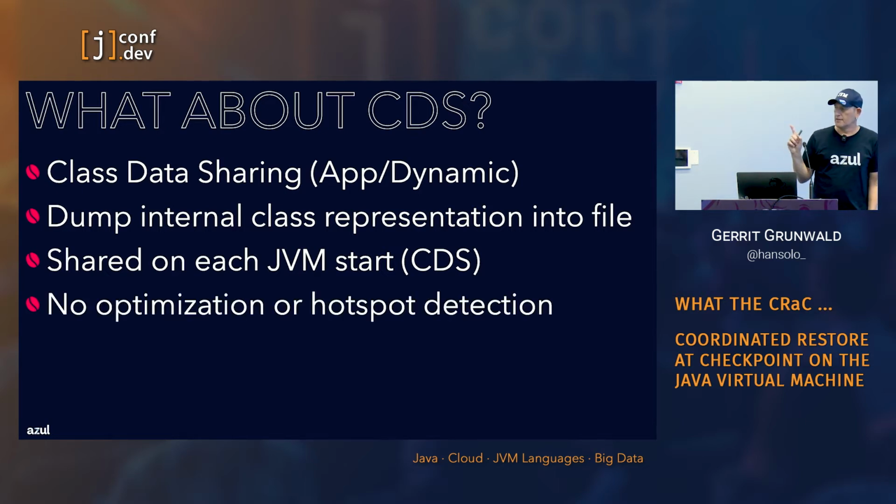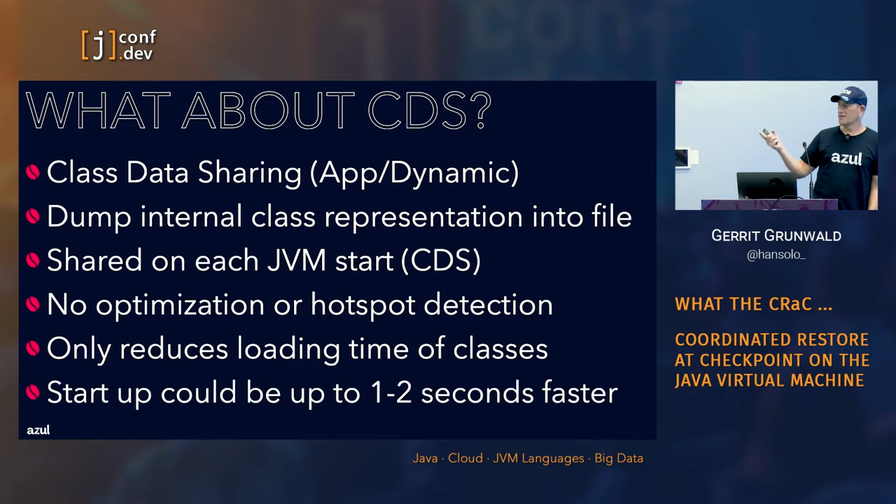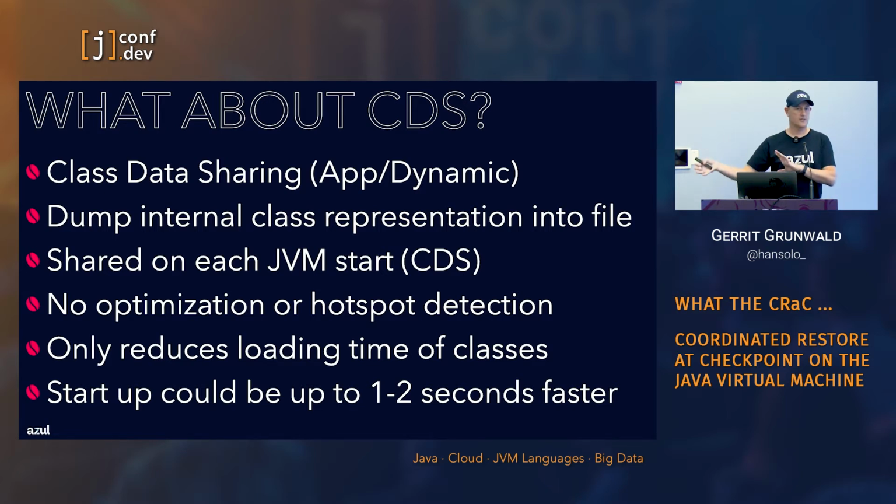But that also means there's no optimization or hotspot detection here. This is really class loading time, but this also counts toward JVM startup. So we can reduce JVM startup by using that. You can gain up to 1 to 2 seconds of startup time with CDS, and you can even tune it. This is also possible not only for the class libraries, but also for the application classes.